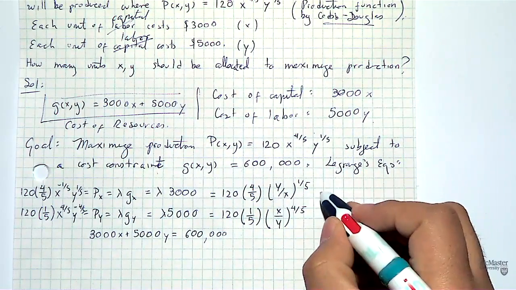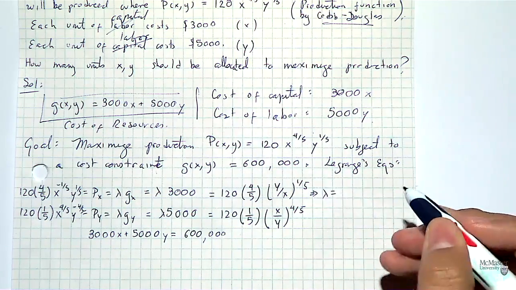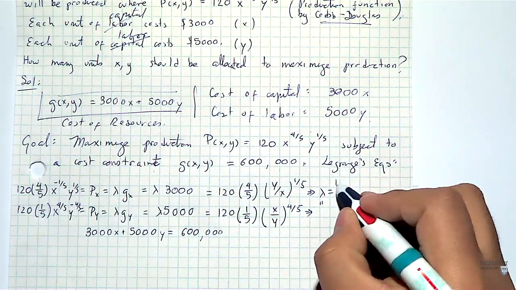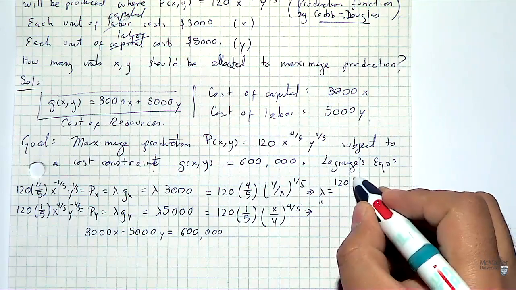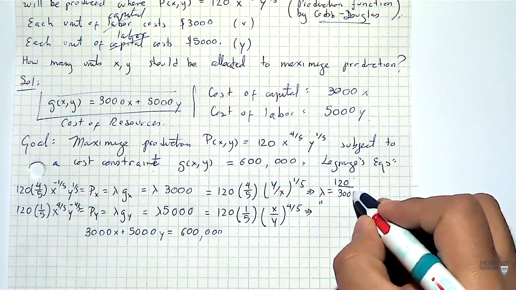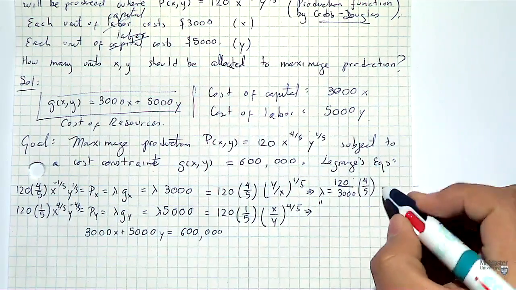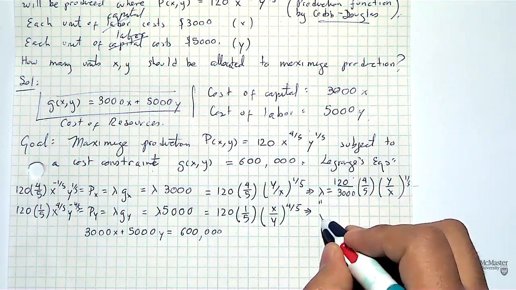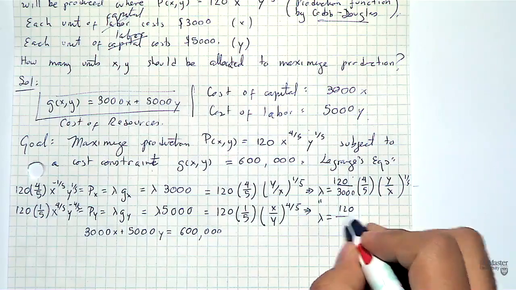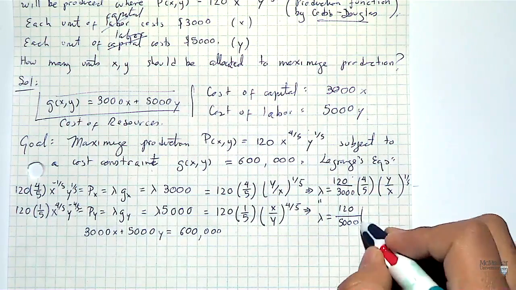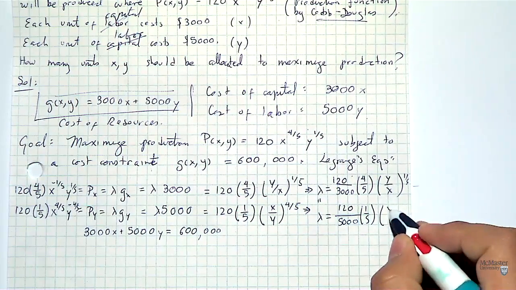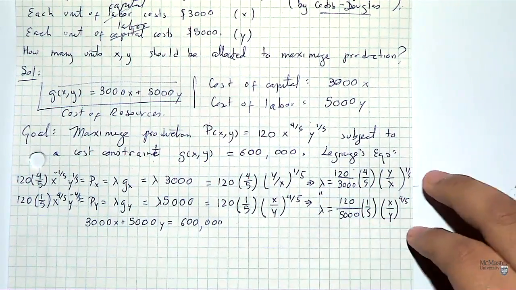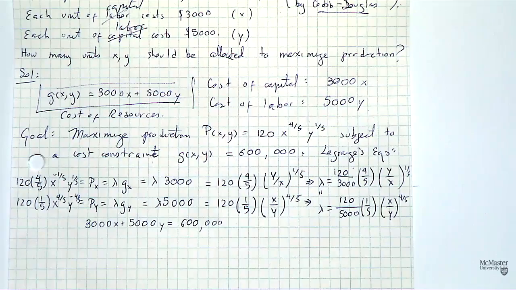And then that could indicate that lambda is equal, on one hand, to 120 divided by 3,000 times 4/5, then y over x to the 1/5, and this would be equal to 120 divided by 5,000 times 1/5, x over y to the 4/5. So I'm using these equations to get rid of lambda.